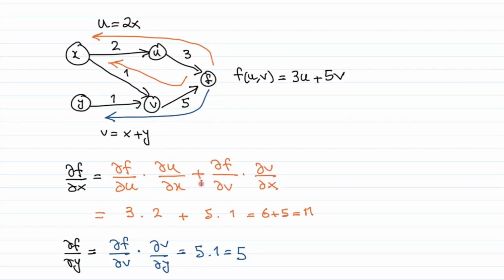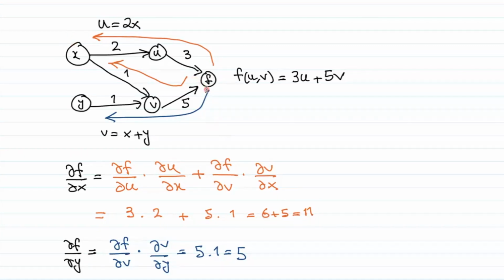But then we also have to add the partial derivative of f with respect to v and v with respect to x, right? That's the basic idea of the chain rule. And each of these partial derivatives is determined by these strengths or weights that we have on these connections or edges. And we can do the math and you can see that the result is 11 for this partial derivative.